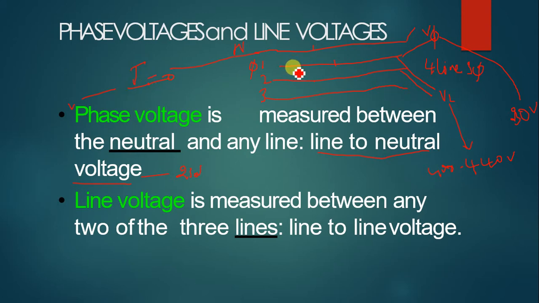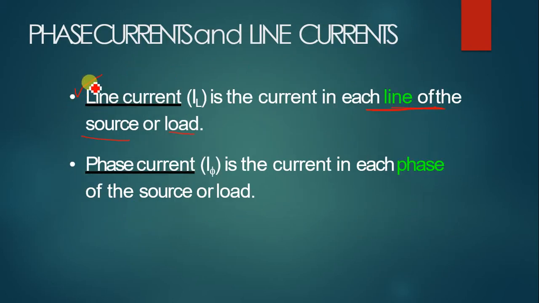Lines will have currents IR, IY, IB, for phases R, Y, B, anything is fine. So we have three line currents in case of a three-phase circuit, one in each line.